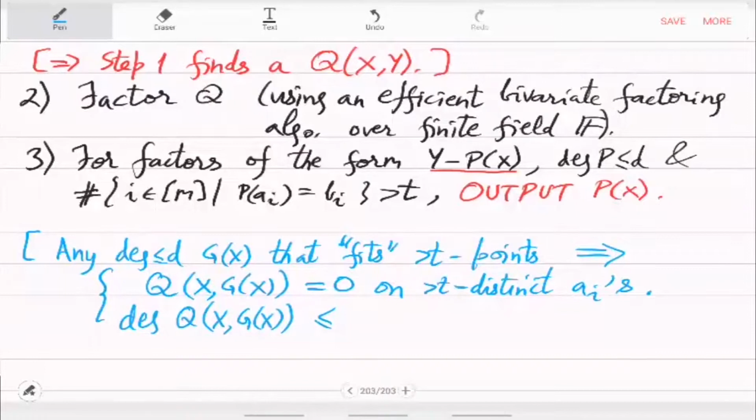Right, this follows from the weighted degree of Q, which we have set to be less than or equal to t. So Q at (x, g(x)) is a degree t polynomial which is vanishing on more than t values, which could only mean that it is 0.